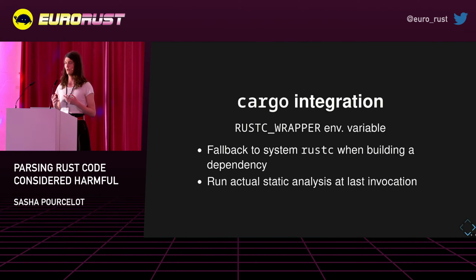This works really well because our only job is to guess if we are building a dependency or the final crate. If we are building a dependency, we just fall back on the actual rustc and perform the compilation. And if we are called for the very last invocation, the one where we are supposed to perform static analysis, then we can just perform static analysis, which is great.